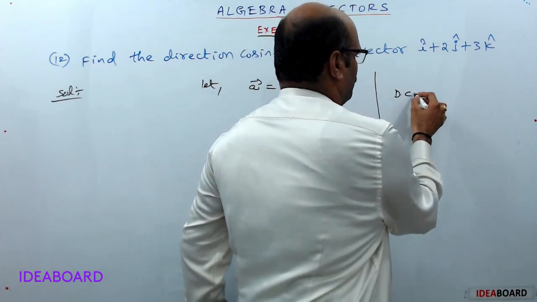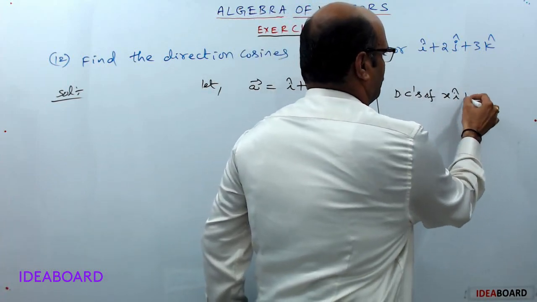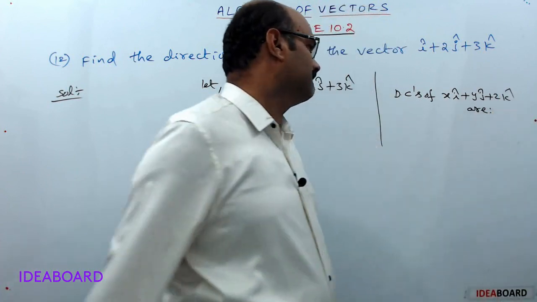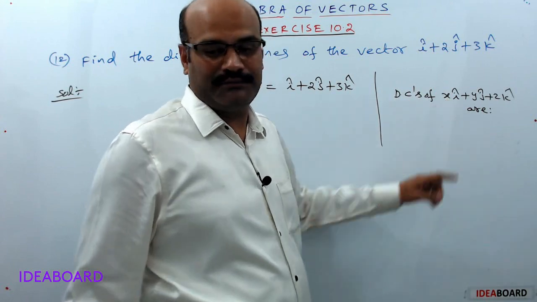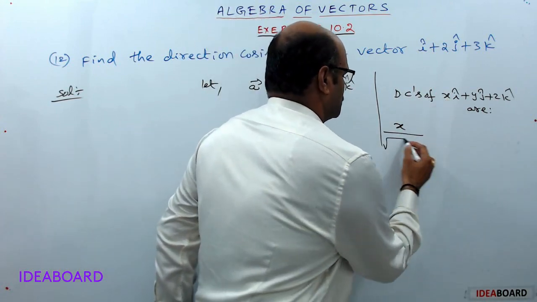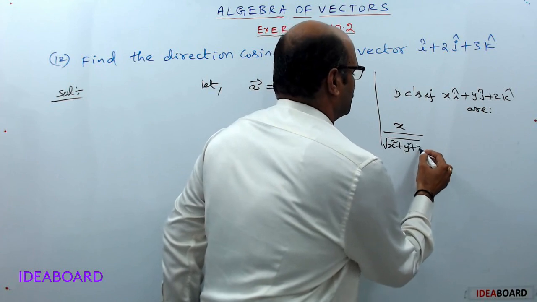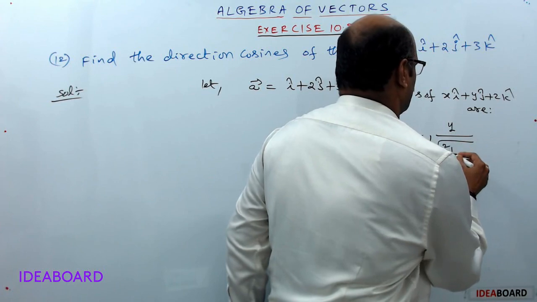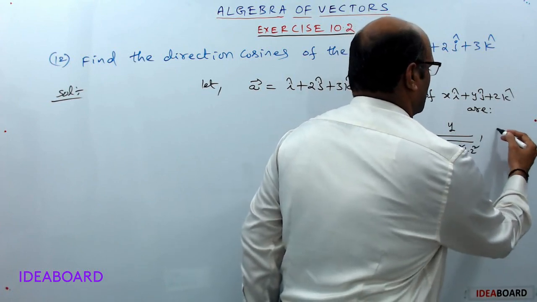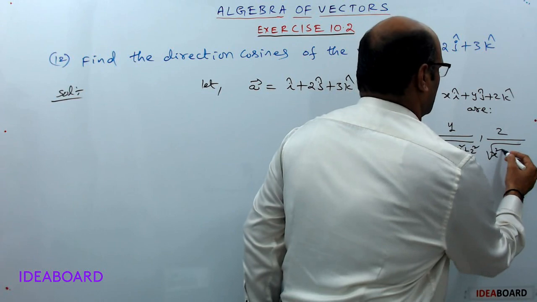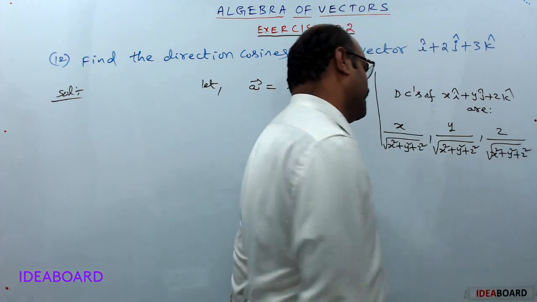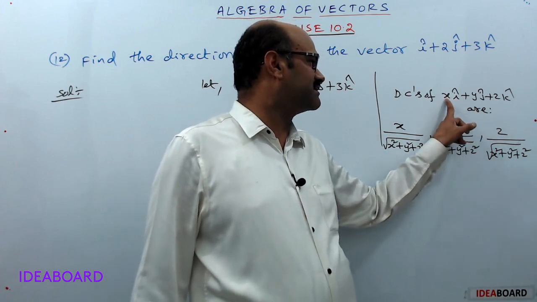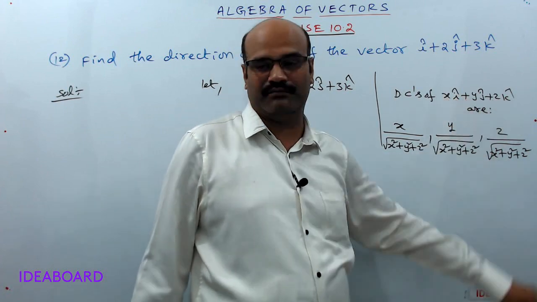Direction cosines of xi cap plus yj cap plus zk cap are x upon square root of x square plus y square plus z square, comma, y upon square root of x square plus y square plus z square, comma, z upon square root of x square plus y square plus z square. These are the direction cosines of the given vector xi cap plus yj cap plus zk cap.